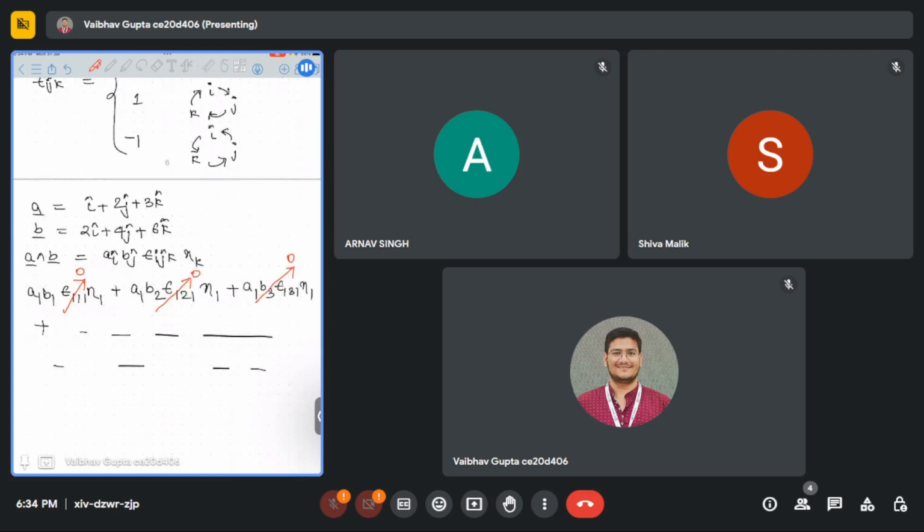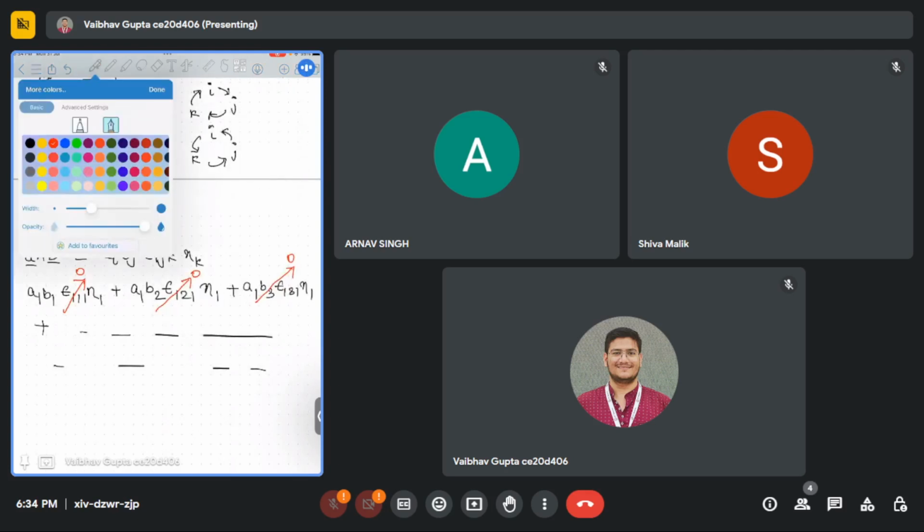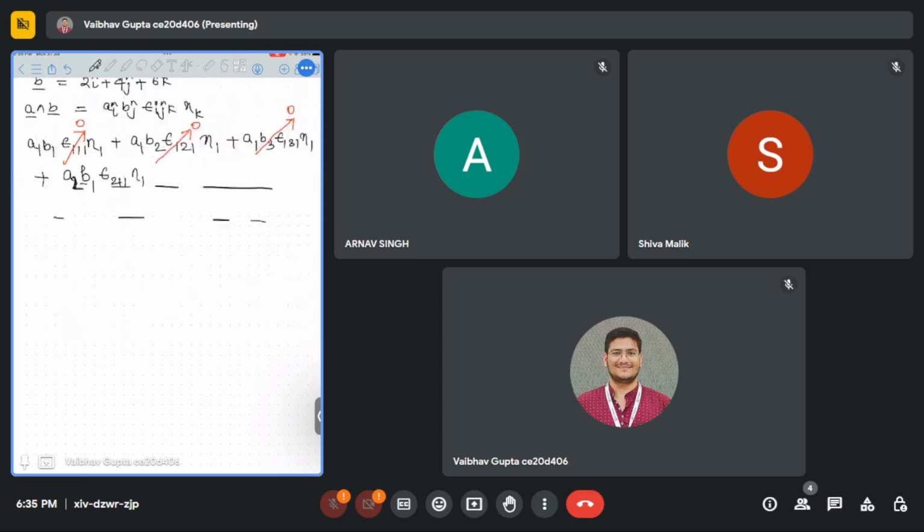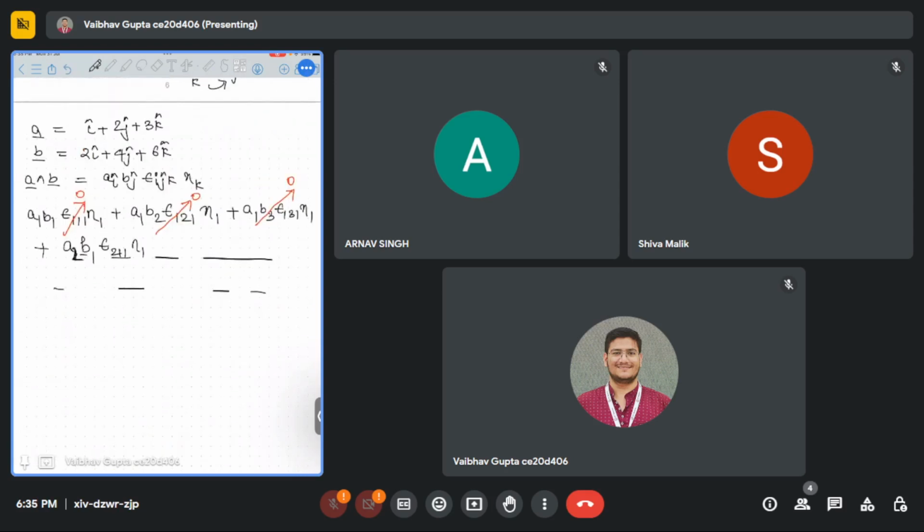So suppose we move forward in this example, since all of these become 0, I'll show you more terms. Suppose we'll take A as 2. A2 B1 epsilon 2 1 1 eta 1 plus A2 B2 epsilon 2 2 1 eta 1 plus A2 B3 epsilon 2 3 1 eta 1.